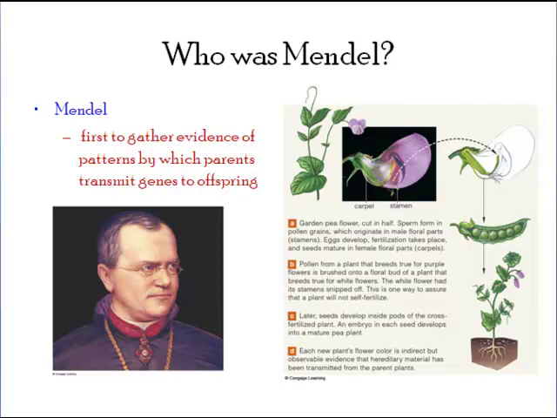What Mendel used was mainly statistics, and he was very successful since he chose pea plants that had a very large number of offspring.